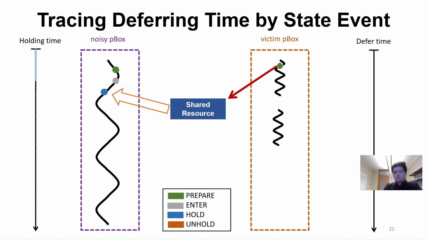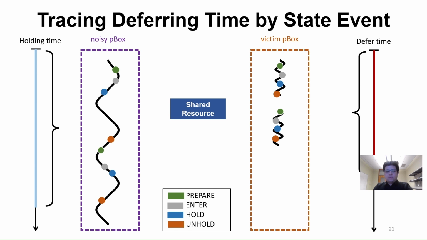At this point, the pBox manager begins to calculate the deferring time, which continues until the purple pBox issues an unhold event, followed by the orange pBox transmitting an entering event. The pBox traces all these events across an application, enabling the detection of intra-application performance interference.